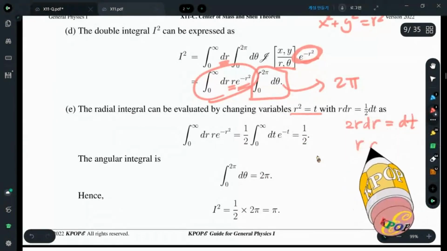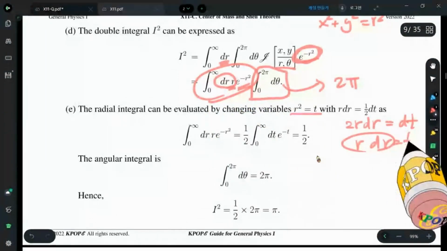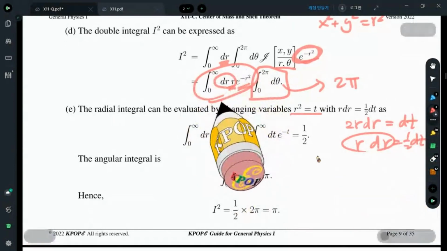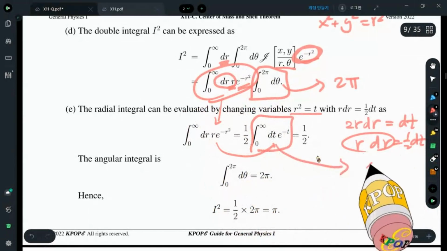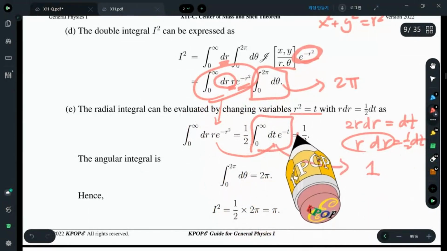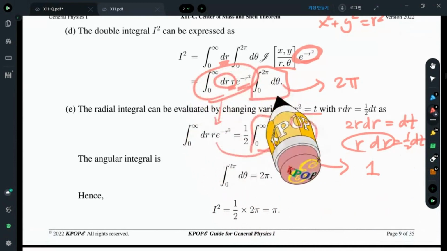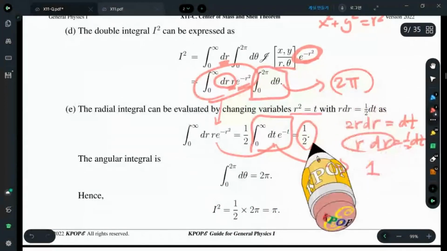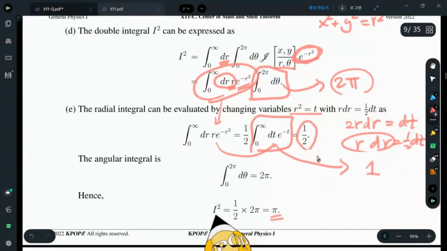So r dr is 1/2 dt. Therefore, this integral looks complicated, however it becomes a trivial integral. We know this is just 1. Therefore, this radial integral is 1/2, and this angular integral is 2 pi. 2 pi multiplied by 1/2 is pi.